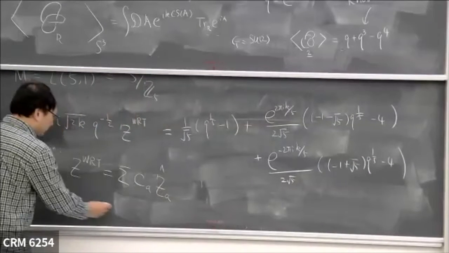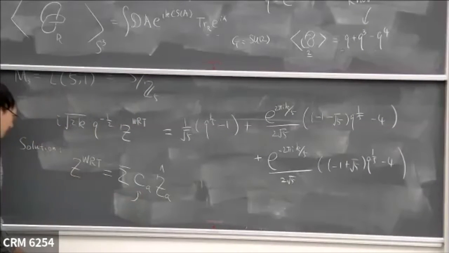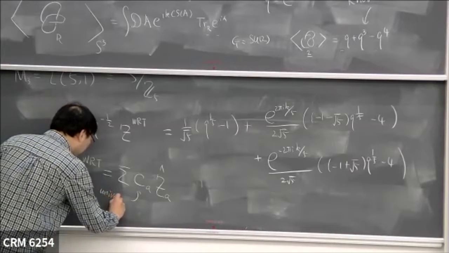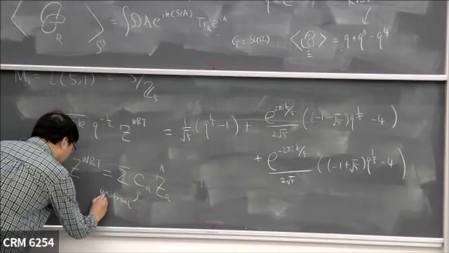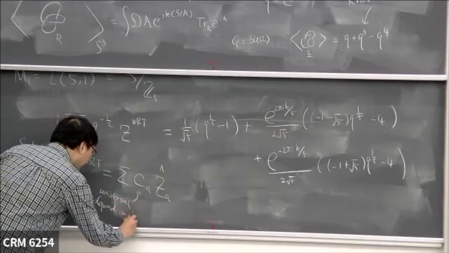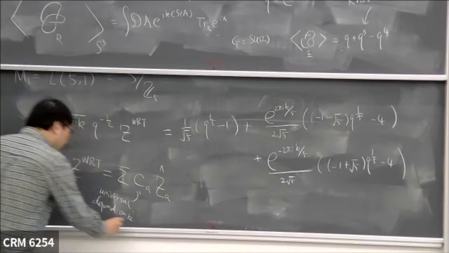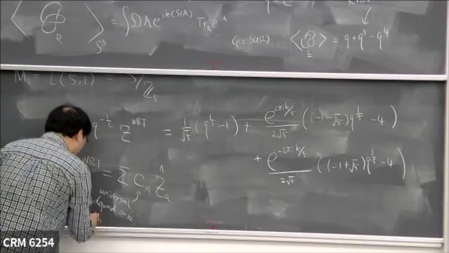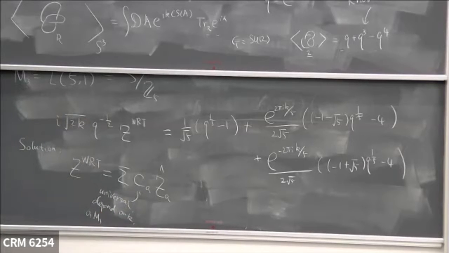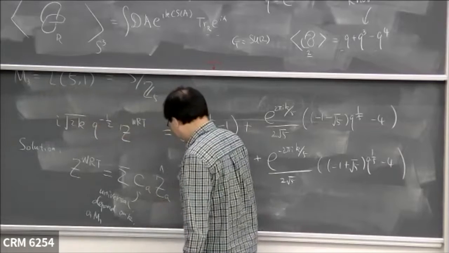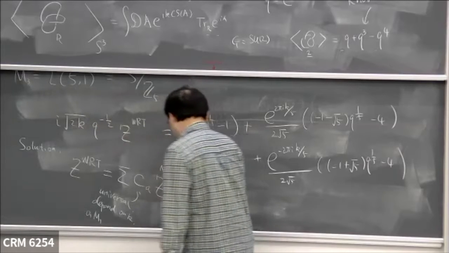So the decomposition is such that these coefficients are going to be very simple and very universal, but it will still depend on k and also on M3, but in a very simple way. So all the interesting quantum topology is carried by Z hat.